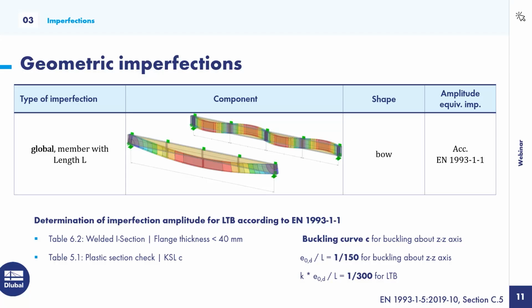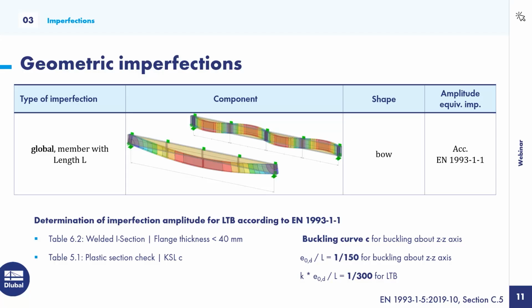And in our case, we would find that we have a welded I-section with a flange thickness less than 40 millimeters, and we would choose buckling curve C. Next, we would check table 5.1 of Eurocode 3 part 1.1, and we would then choose the imperfection value for a plastic section check. In the end, we are doing a nonlinear analysis with nonlinear materials, so we are also accounting for redistribution in the cross section, which means we basically want to do a plastic section check.